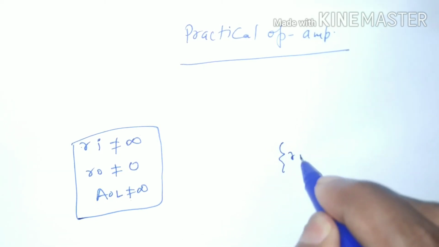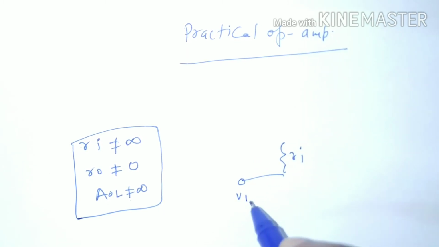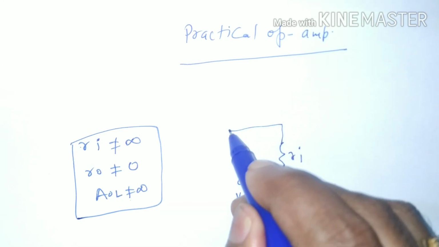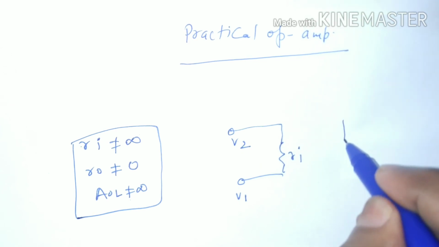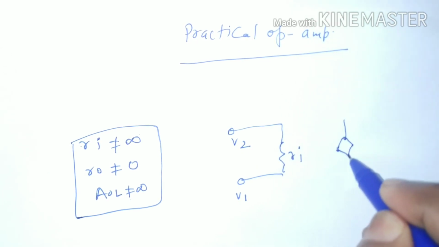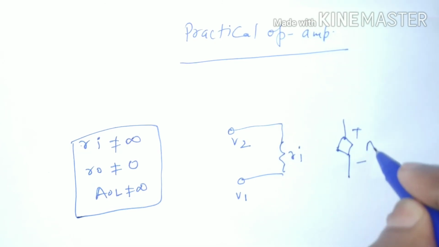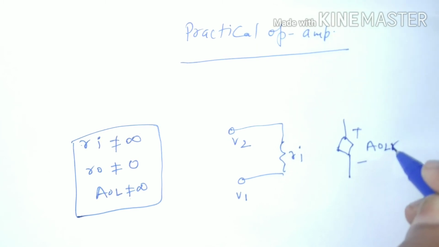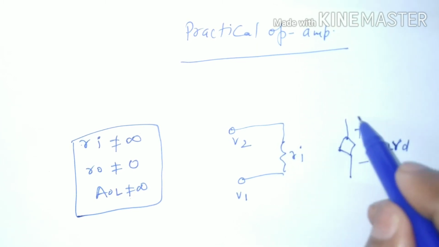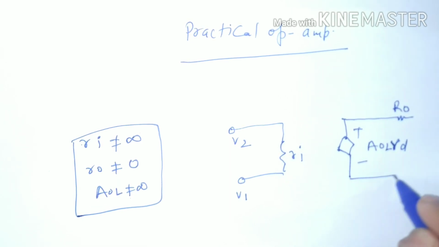Here is the input impedance, and here are the two terminals V1 and V2. It has a dependent voltage source Vd, and the output impedance is this one.